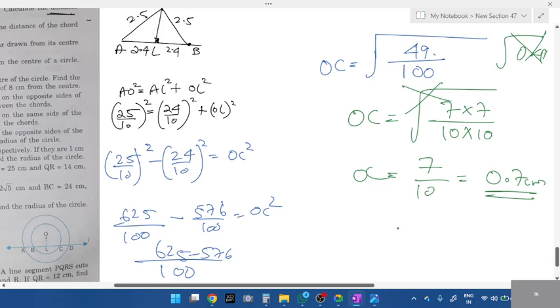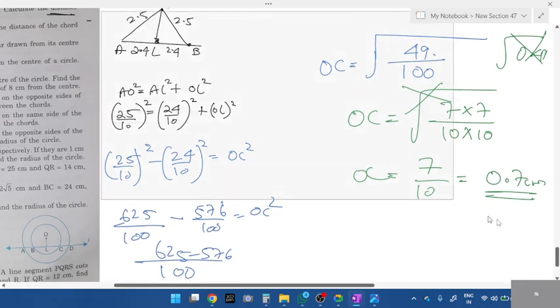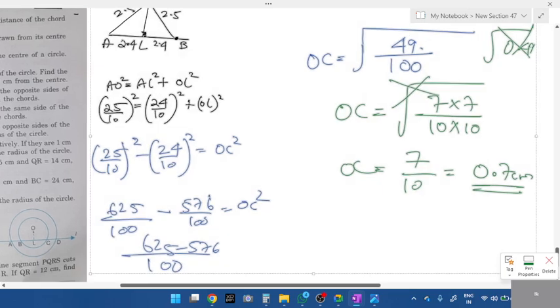Okay. 2.5, 2.4, 0.7. 7, 24, 25. Okay, correct, student. 7, 24, 25, it's a triplet. Did you all understand how to calculate decimals? Yeah, be quick. Try the next one.